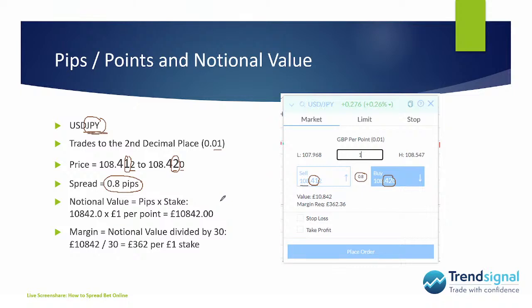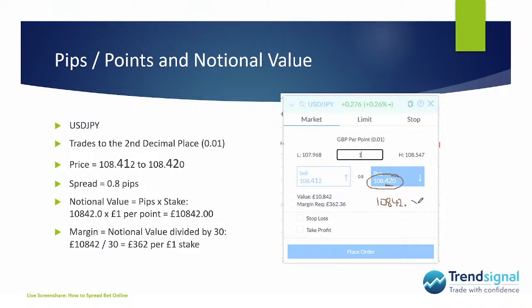In terms of trade size, if I wanted to do £1 per point, which I've put in here, GBP per point, then my notional value is going to be the stake times this, the 108.42. So let me just clear those scribblings off. What's the price in pip terms? Let's get rid of the decimal point and put it in afterwards, after the raised font.